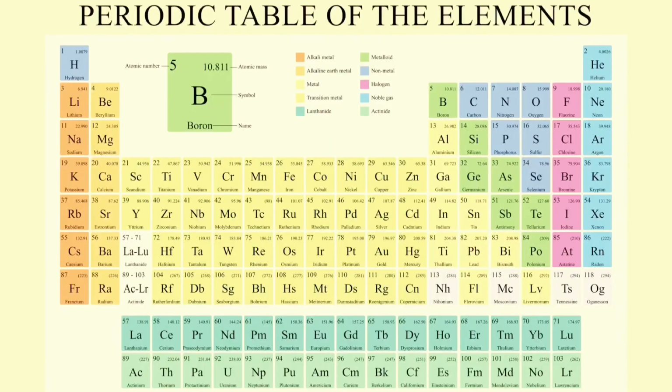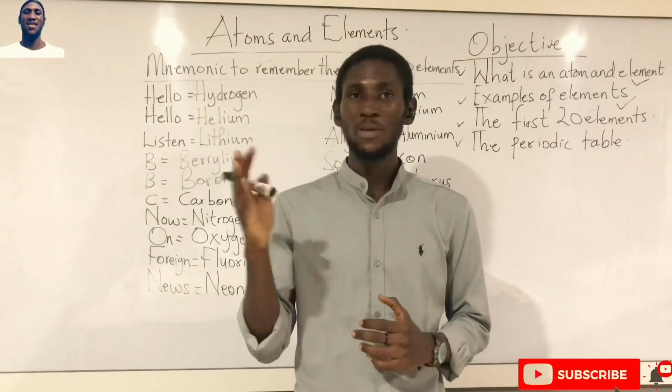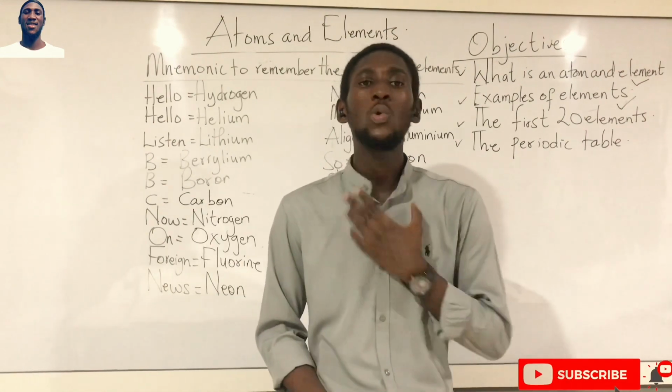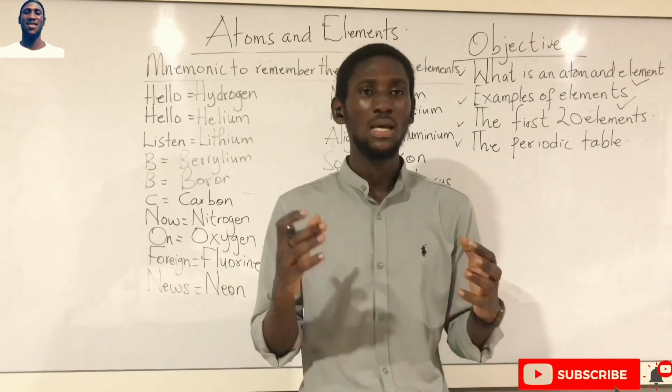There are actually 118 elements in the universe. Out of them, 94 are naturally occurring and 24 are man-made. So for the purpose of JHS and Lower Cambridge, we'll look at the first 20 elements.